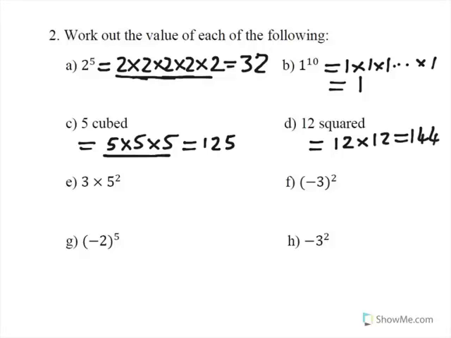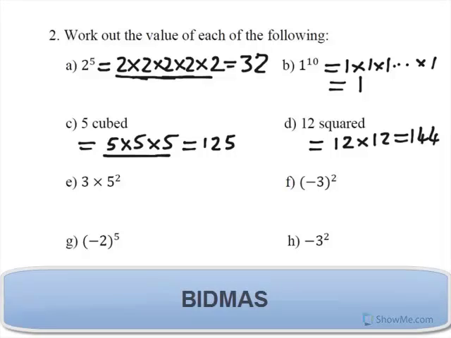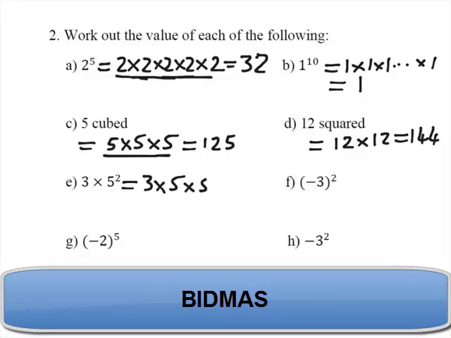This next one, we need to think of BODMAS. We're going to work out the 5 squared first, so it's 3 times 5 times 5. I would do the 5 times 5 is 25, times 3 is 75, rather than do 3 times 5 and then times 5.